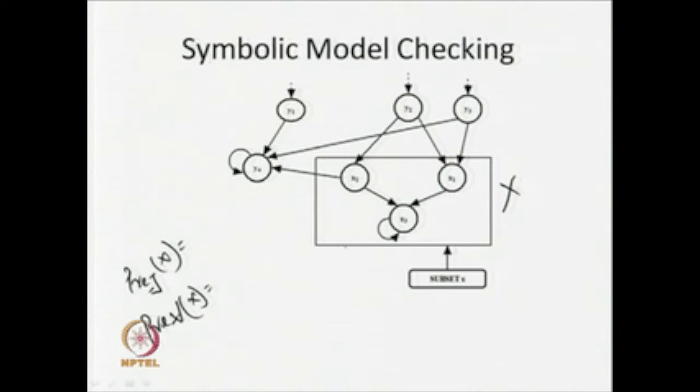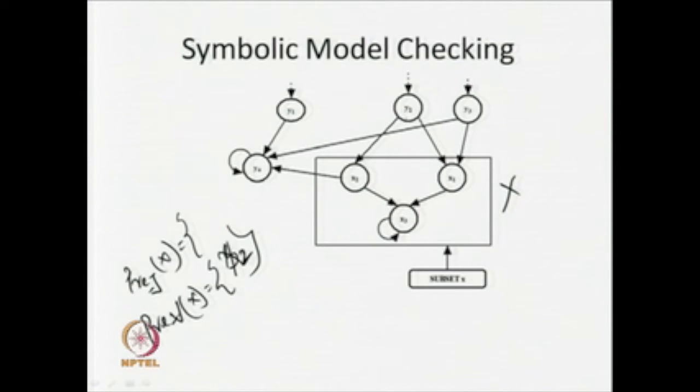So, in this case, if you compute Pre∀(X), you will find the states, say S1, S2, S3. For S2, we have two transitions, and both of them come to this subset X. So, basically it tells me that S2 is the state, all of whose transitions come to X, and for Pre∃(X), at least one transition must come to it.